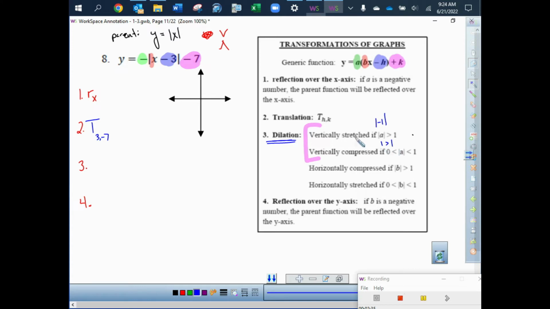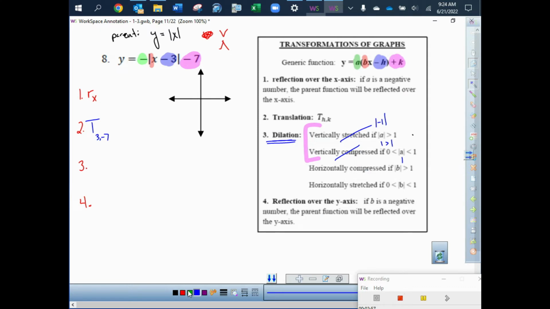So my question is, is 1 bigger than 1? If it was, that would mean this gets vertically stretched, which is skinnier. Nope, it has not been vertically stretched because 1 is not bigger than 1. Is 1 between 0 and 1? No, it's not. So it hasn't been vertically compressed, which means it gets fatter in that case.